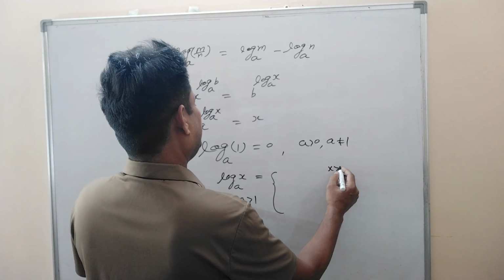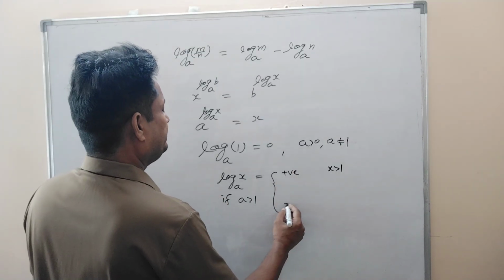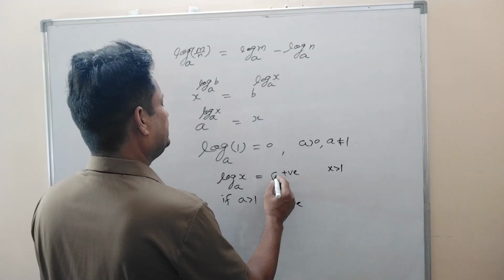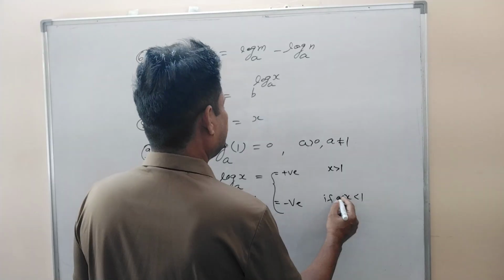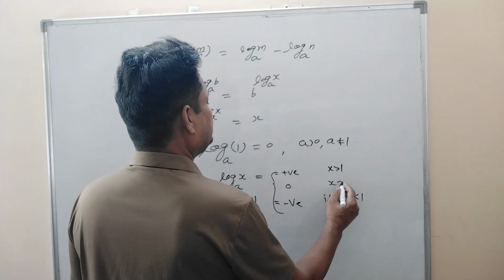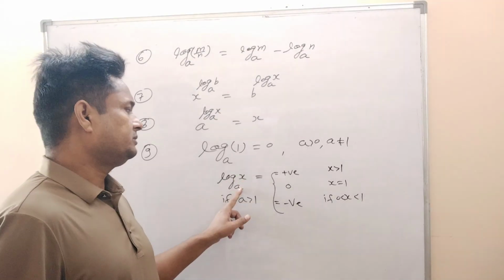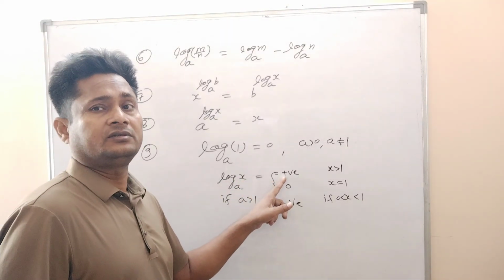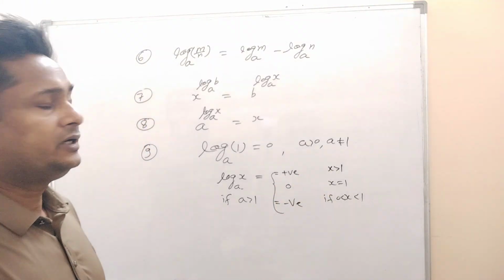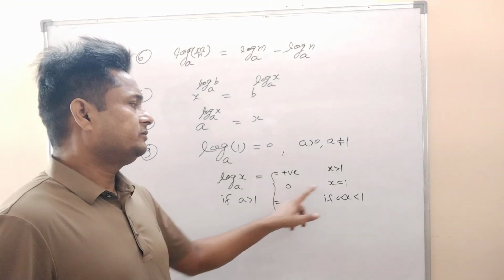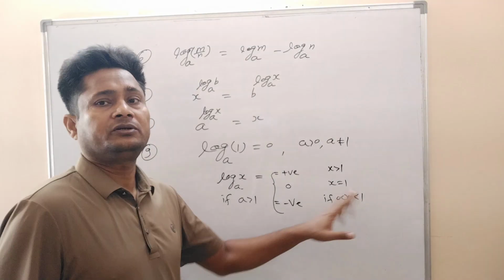For x greater than 1, it will always be positive, and this will always be negative if x lies between 0 to 1, and it will give you 0 when x equals 1. That means log of x base a will always be a positive value when x is greater than 1, right? Its value will be 0 when x equals 1, and its value will always be negative in between 0 to 1.